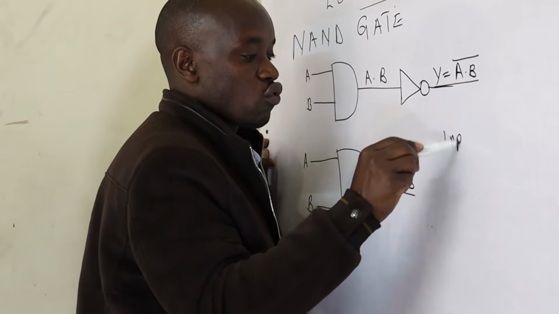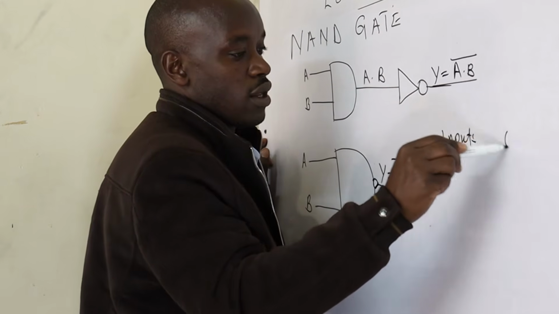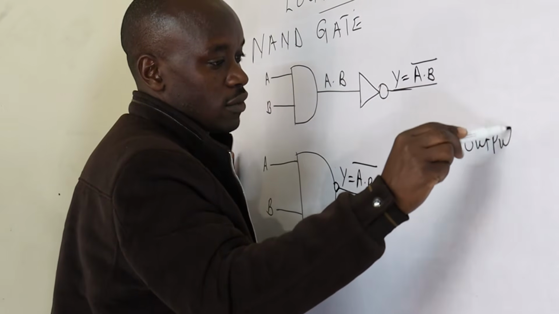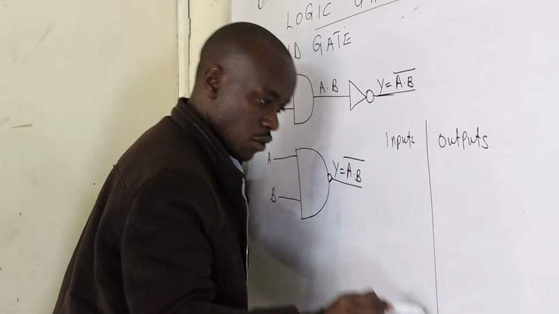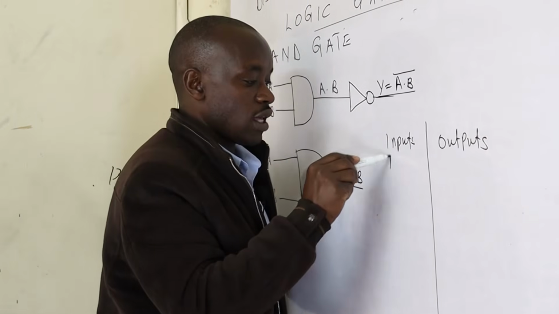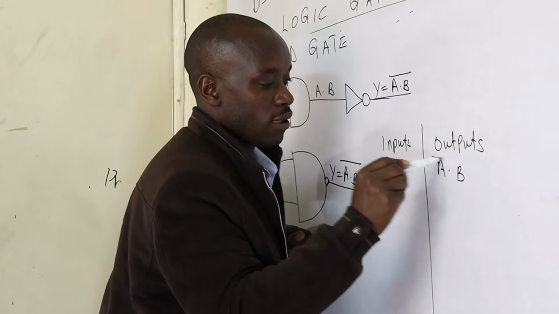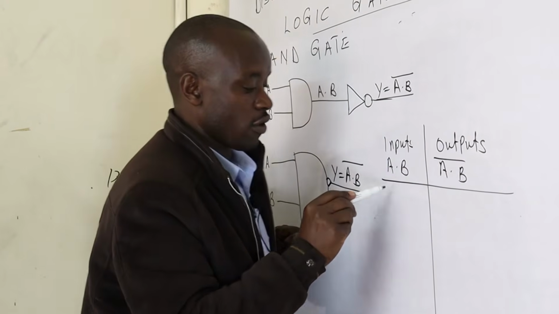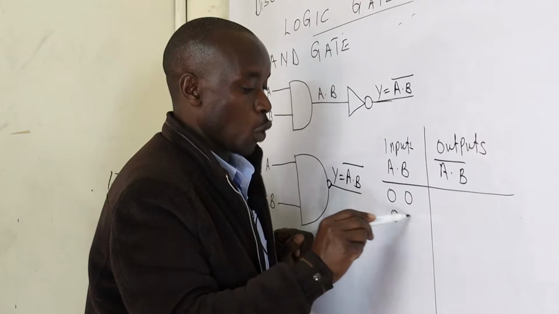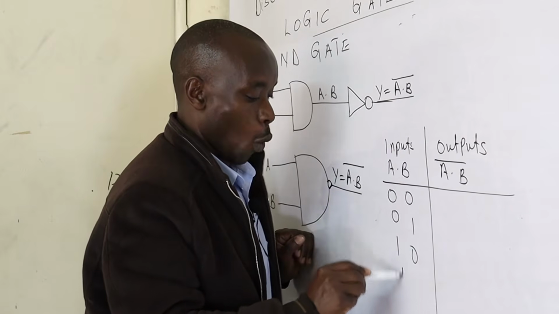We have the inputs and then the output. I draw two of them. I want to draw the first one, which is A dot B, and then A dot B bar. The inputs are 0, 0, 0, 1, 1, 0, 1, 1.